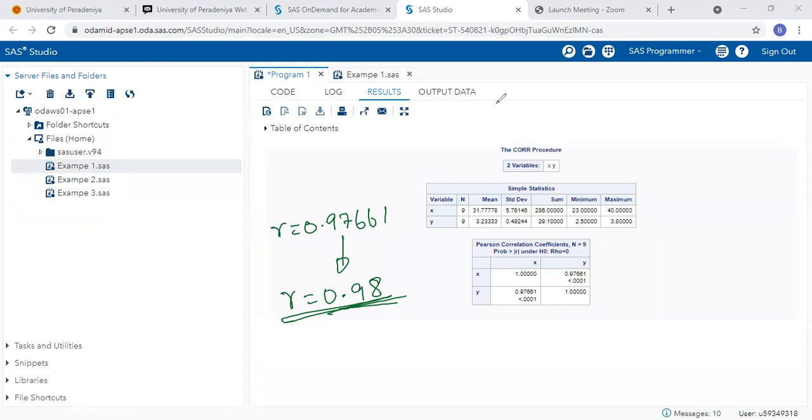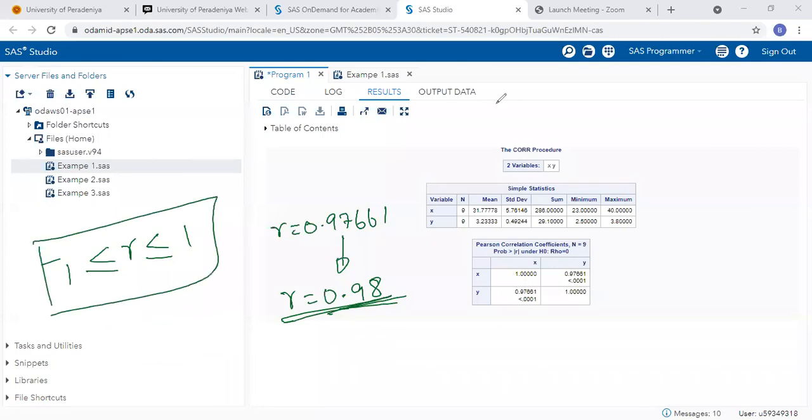So the R value can range between plus 1 and minus 1, which I have given in my PDF notes. The minus and plus indicate the direction of the relationship, whether it is a positive relationship or a negative relationship.